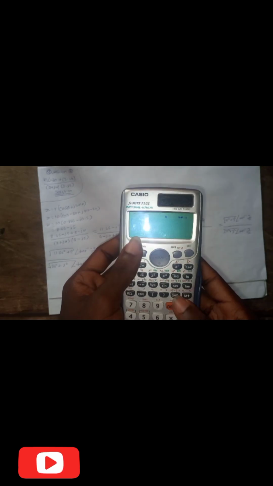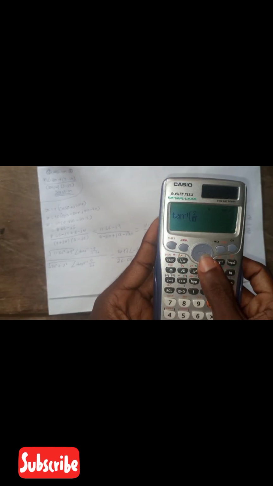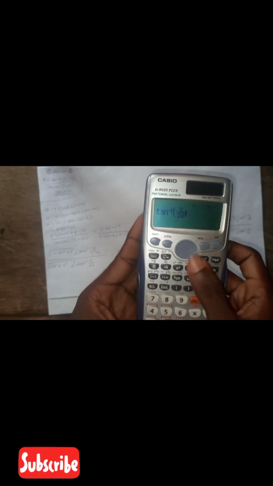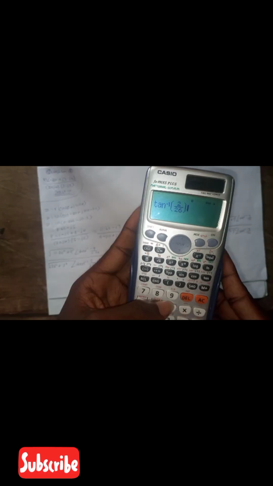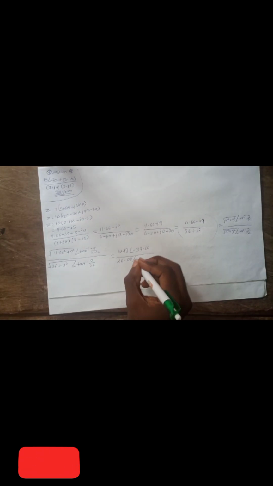Then the tan inverse of 2 over 26 is 4.39, approximately 4.4.